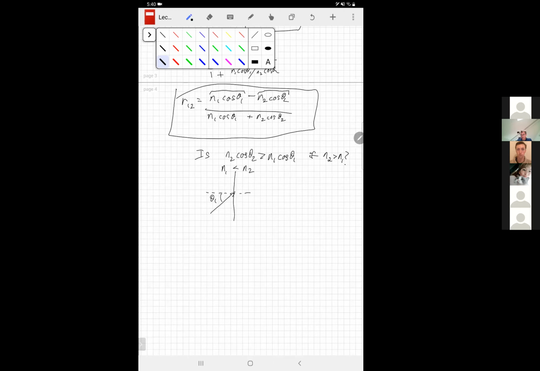Towards the normal. Theta 2 is smaller. So if theta 2 is smaller than theta 1, is cosine theta 2 larger than cosine theta 1 or smaller? Cosine theta 2 is indeed larger than cosine of theta 1. And n2 is larger than n1. So n2 cosine theta 2 is larger than n1 cosine theta 1.